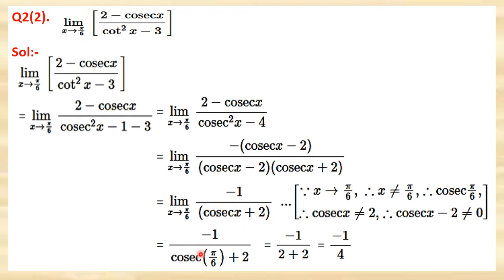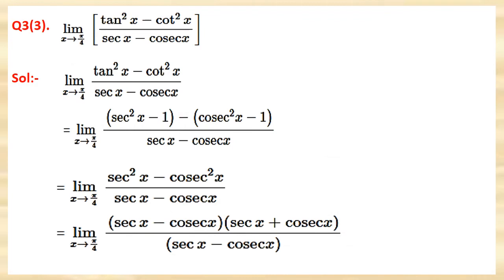And here when we directly substitute x is equal to pi upon 6, it is not becoming 0. So minus 1 upon cosec pi upon 6 plus 2, and we know sin pi upon 6 is 1 by 2, so cosec pi upon 6 is 2. So minus 1 upon 2 plus 2 is 4, minus 1 upon 4 is the value of this limit.